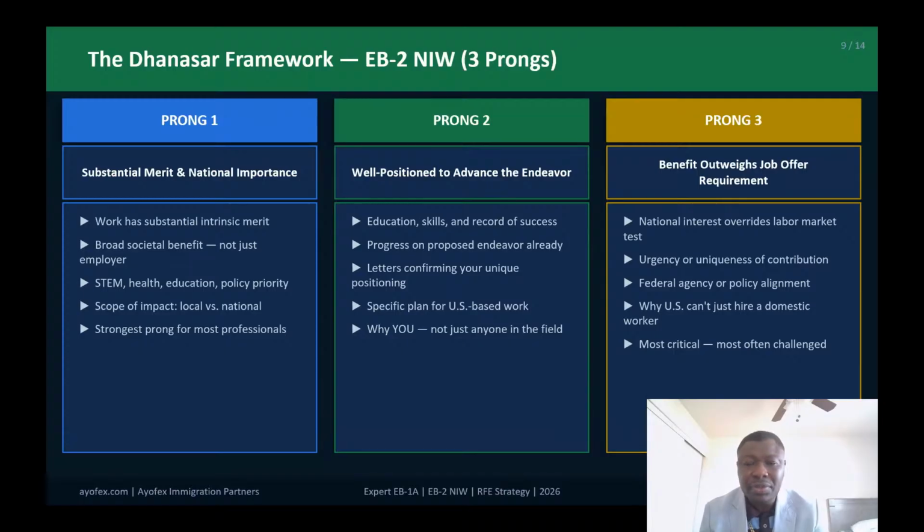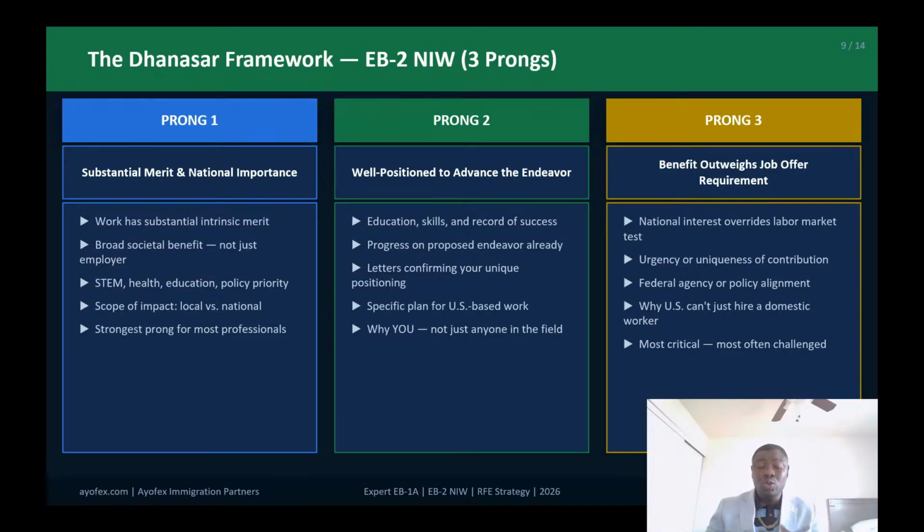Okay. So now the third prong is to show that the benefit of waiving the labor certification outweighs the job offer requirement. So you need to show that the national interest overrides the labor market test. You also need to talk about the urgency or uniqueness of your contribution, and you need to show how your proposed endeavor aligns with federal agency or US policy.